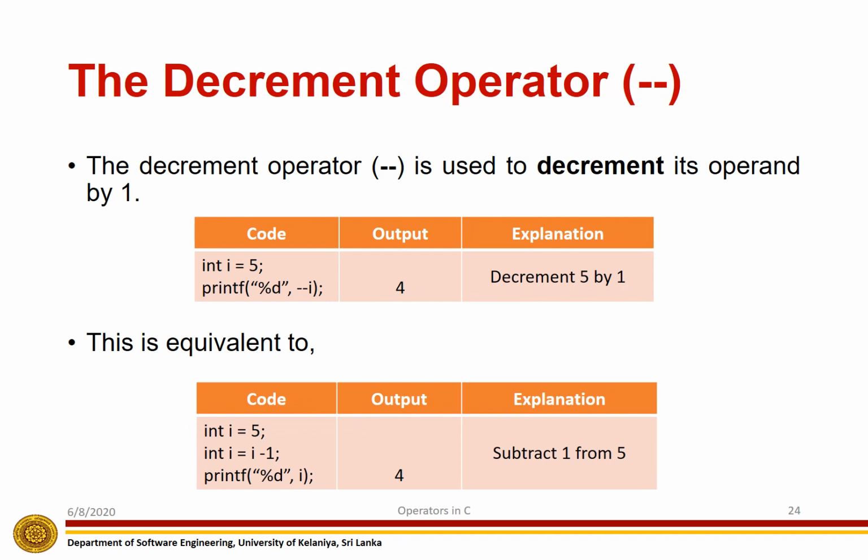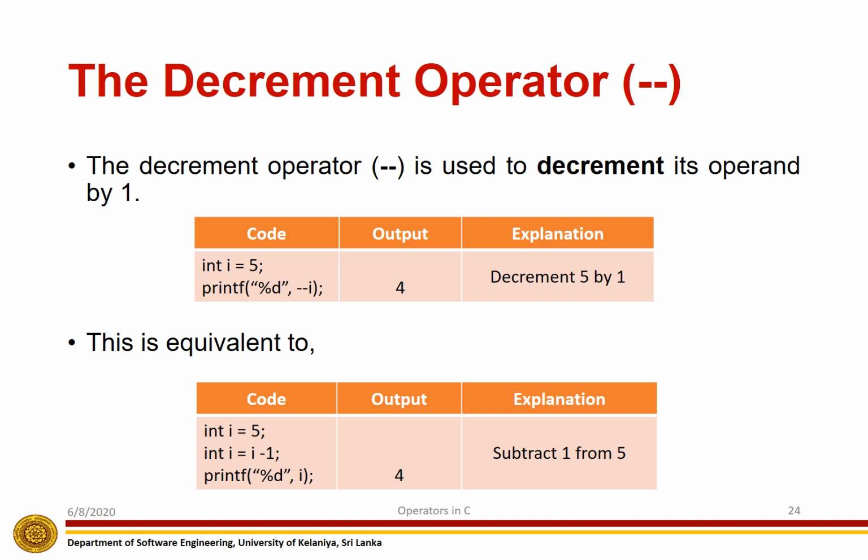Then the decrement operator. This is the opposite of the increment operator. This is used to decrement its operand by 1. In the example you can see int i equal 5 and I have passed the value --i to printf. So initially i is equal to 5, now 5 minus 1, i is equal to 4.